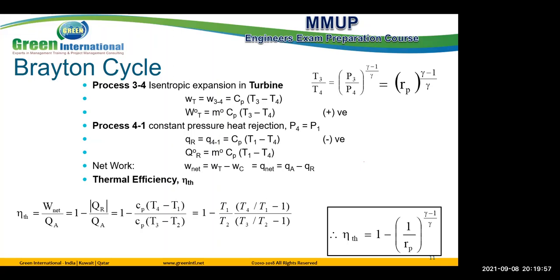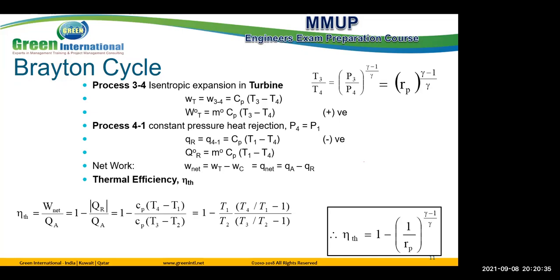Because the work of the compressor is not a small value, unlike the work of the pump relative to the turbine, which can be neglected. Here, the compressor work is not small relative to the turbine, so we should consider the work of the compressor in the equation. But all of them have Cp times the temperature difference, so we can substitute to obtain a simple equation as a function of temperature.